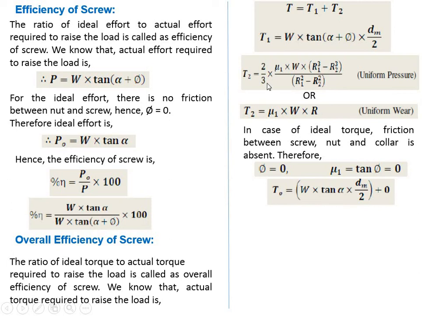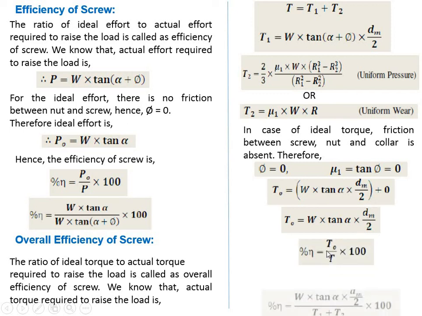T1 is W into tan(alpha plus phi) into dm by 2, plus T2, which is 0. Why 0? Because the mu1 value is 0, so the whole term will be 0. So the ideal torque will be W into tan alpha into dm by 2.